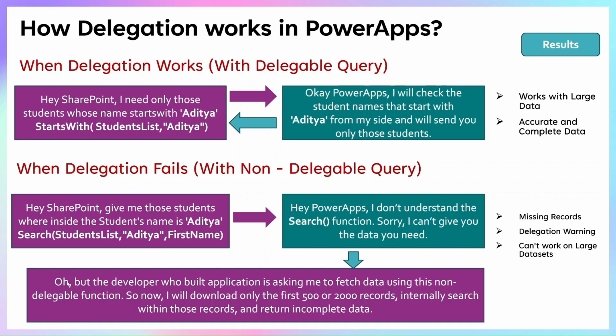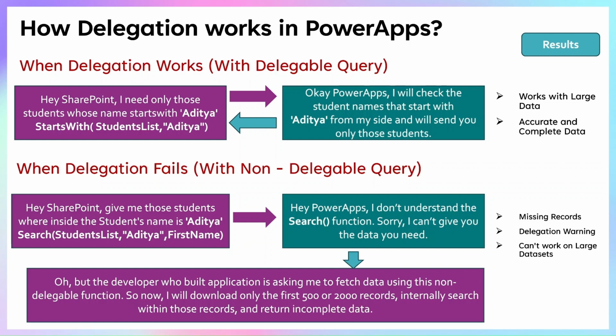Now here, what will happen if SharePoint cannot give the data which is required? Then Power Apps thinks, oh, but the developer who built the application is asking me to fetch data using this non-delegable function. So now I will download only the first 500 or 2000 records, search internally within those records, and return incomplete data.